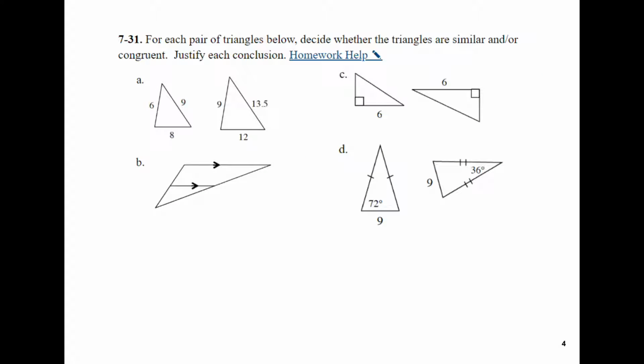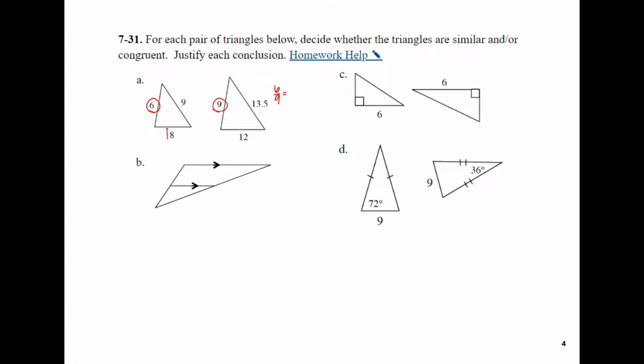7-31: For each pair of triangles below, decide whether the triangles are similar and/or congruent. Justify each conclusion. Looking at these two triangles, the first thing I want to do is set up some proportions to see if they are in fact equal. If I put the littlest side over the littlest side, I get 0.6 repeating.